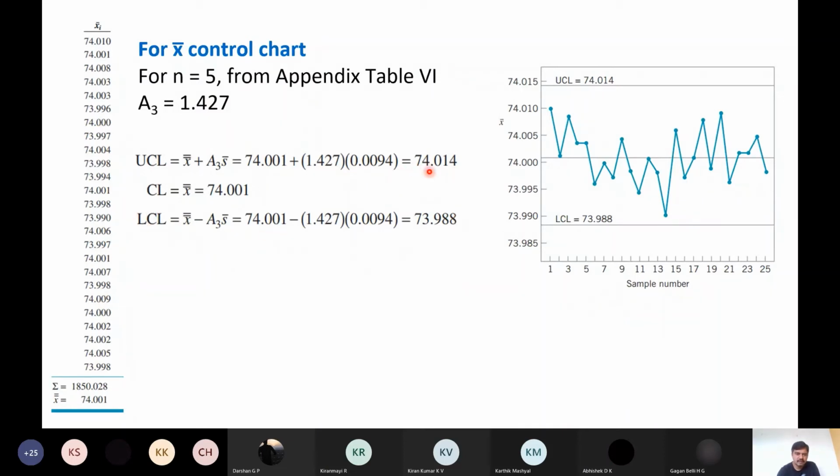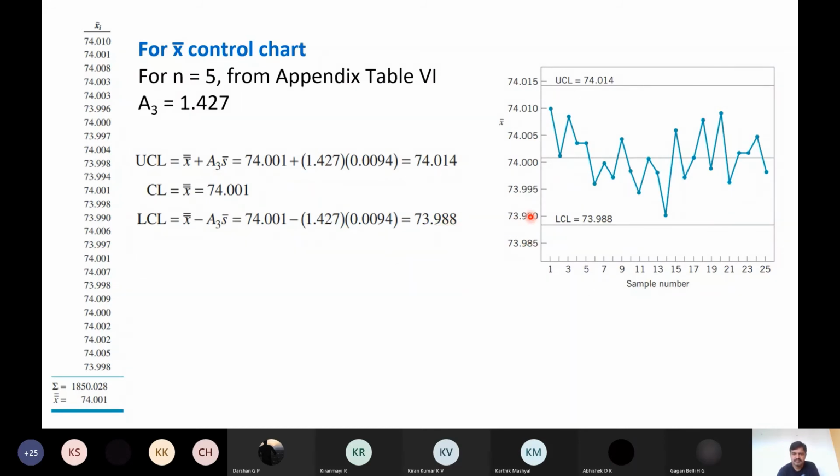So the upper control limit is 74.014, the lower control limit is 73.988. So now you can take 0.005 as the one unit, 0.005 difference. Here you can see 73.985. Since it should include 73.988, it should be 73.985.